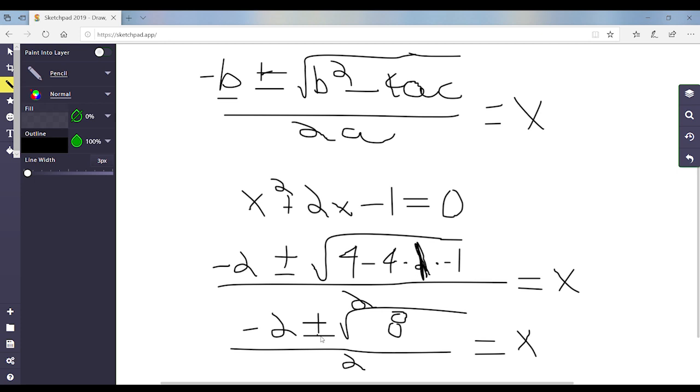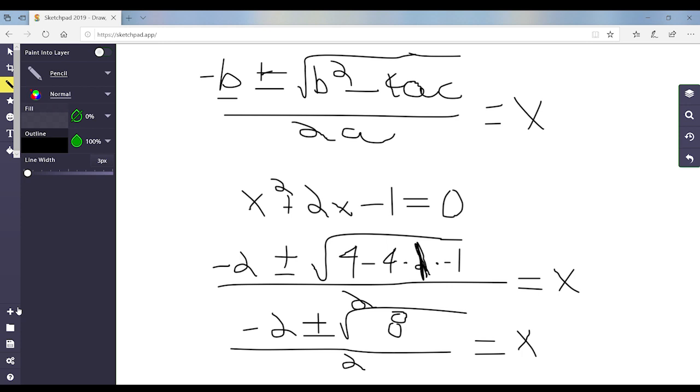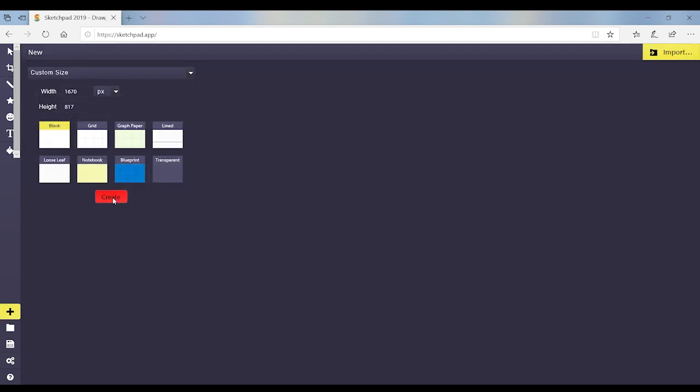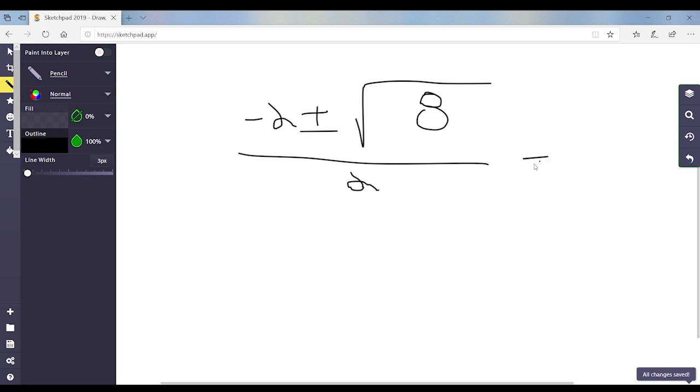I could probably simplify this a bit more, but actually, yeah, let's simplify it a bit more. So -2 plus or minus the square root of 8, divided by 2.